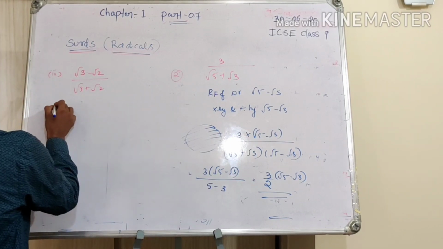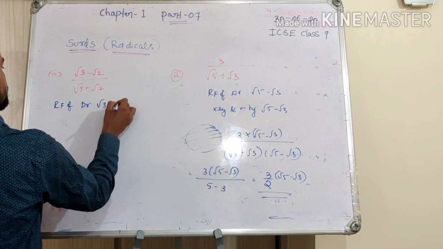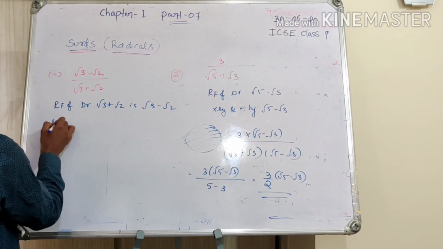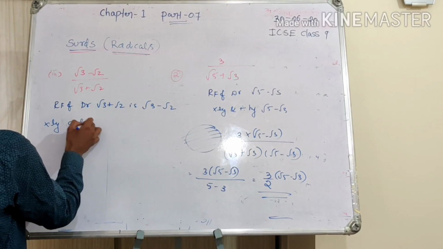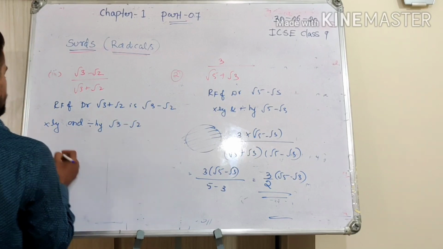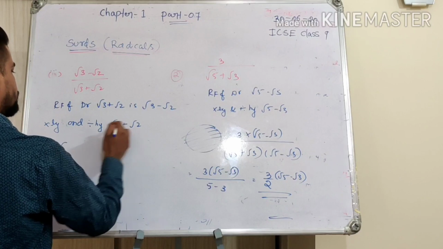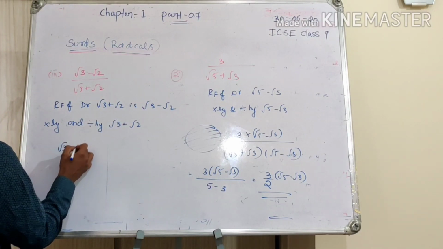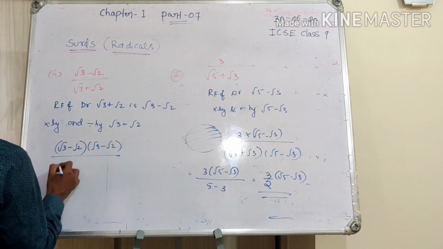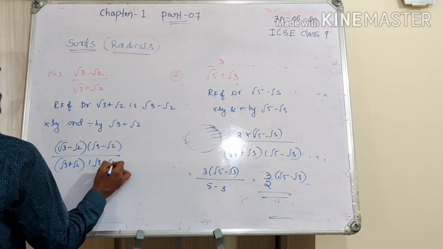Okay, so the rationalization factor of the denominator root 3 plus root 2 is root 3 minus root 2. So multiply and divide by root 3 minus root 2. Sorry, we need to multiply by root 3 minus root 2 only. So root 3 minus root 2 into root 3 minus root 2 divided by root 3 plus root 2 into root 3 minus root 2.